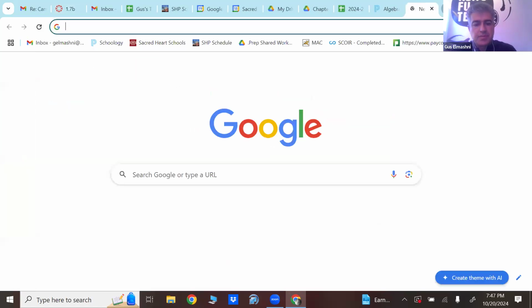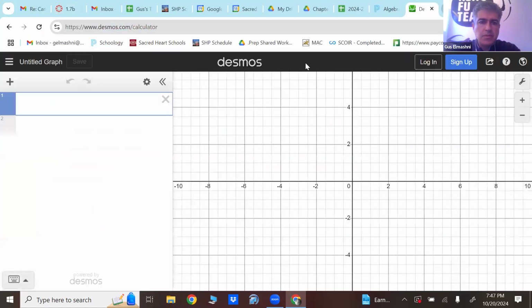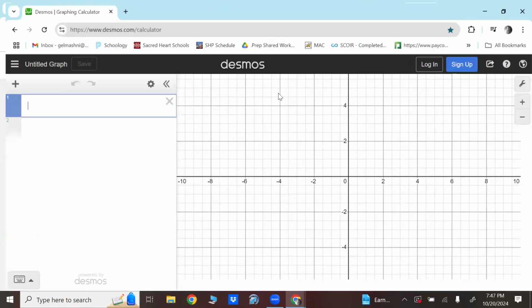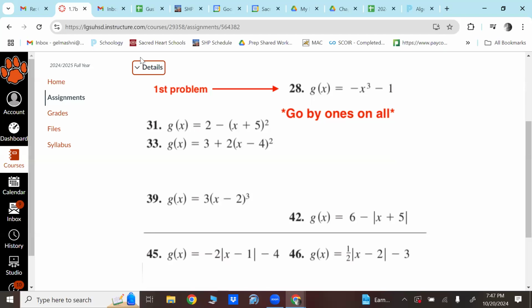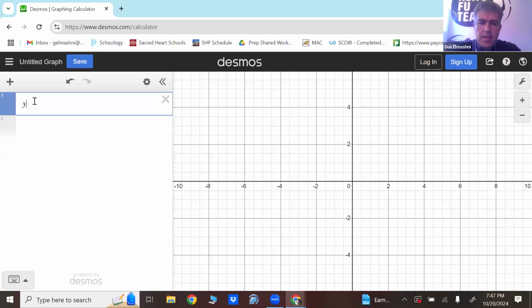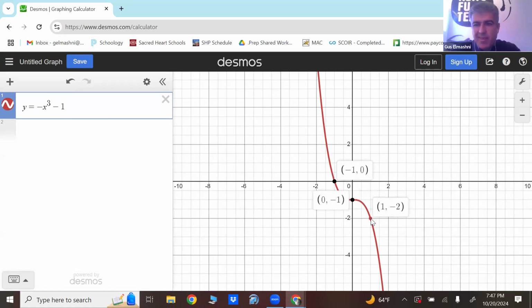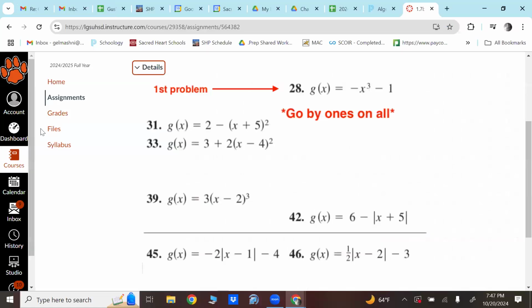For example, if I were to do y equals negative x to the third minus 1, you just plot those points and you make the graph. Do the same thing for the next one.